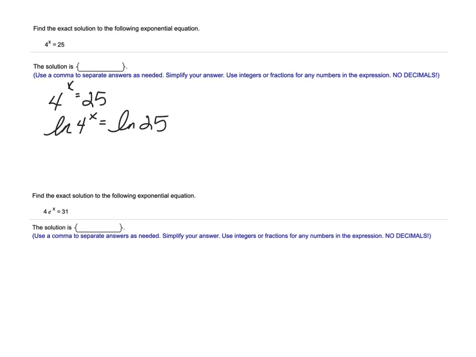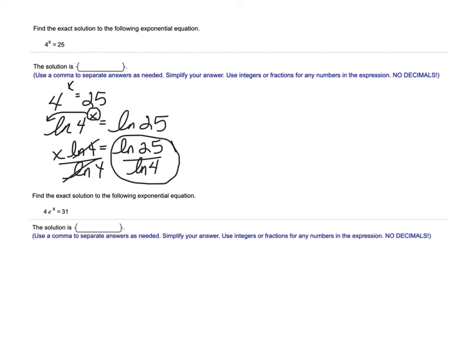The reason we do this is that, using the property of logs, we can take the x that's in the exponent and bring it down in front, and we get x times the natural log of 4. And now we can just solve for x. Divide both sides by natural log of 4. These cross out. X equals natural log of 25 divided by natural log of 4.